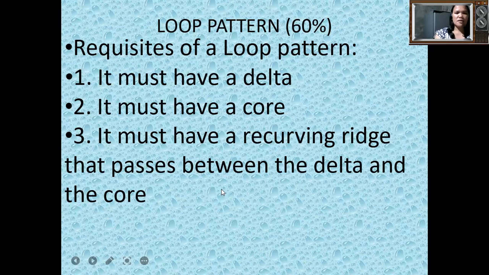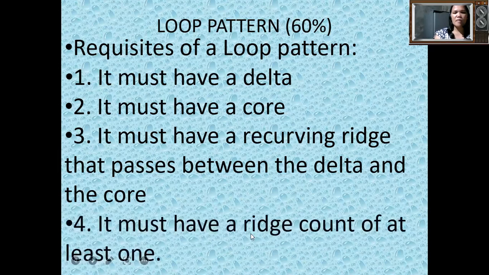Aside from that, it must have a ridge count of at least 1. So if you connect the core to the delta, and there is one recurving ridge touched by the imaginary line, then that could now be considered a loop. At least 1. If there are 2 ridges touched by the imaginary line drawn from the core and the delta, that is still a loop pattern.